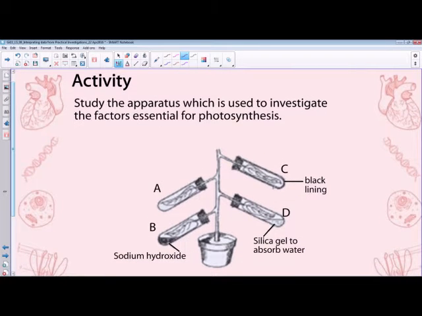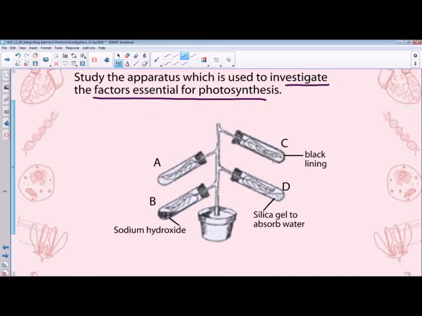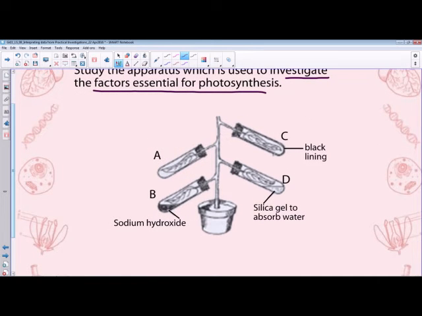Here guys, we're studying the apparatus which is used to investigate the factors essential for photosynthesis. Here we've got a plant, here we've got a test tube with a rubber stopper around the neck, and it's just a plain leaf with no other factor influencing the photosynthesis.